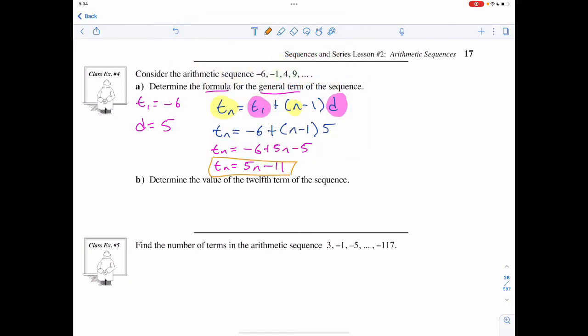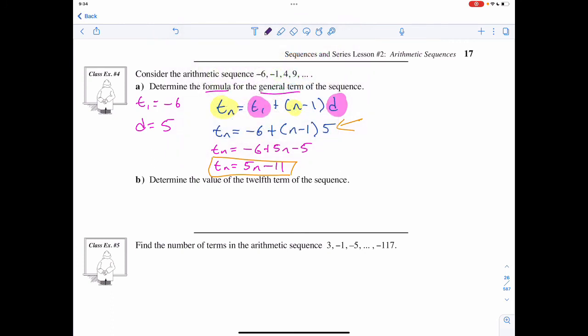This form will help you solve any of the values in the function, and if it ever asks for the simplified form of it, this would be it. But typically, we just leave it in this form so that we can clearly see both what the common difference and what the first term value are in our equation.